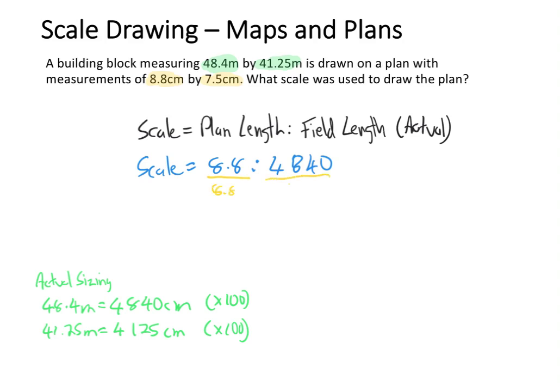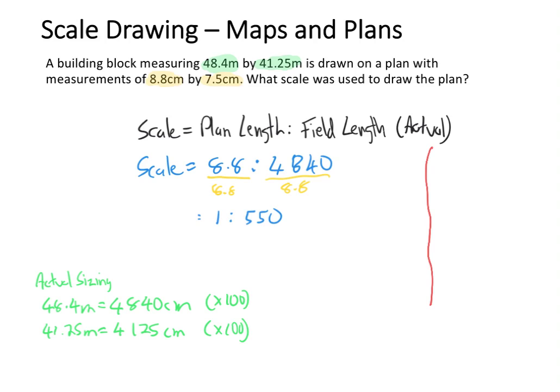So 8.8 divided by 8.8 is equal to 1, and 4,840 divided by 8.8 is equal to 550. So the scale used to create my plan is 1:550.